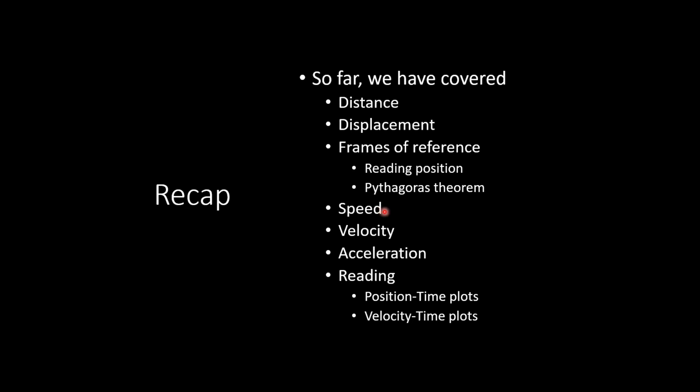Then we had discussed speed and velocity, which is essentially the rate of change of distance over time, and the rate of change of displacement over time for velocity. The difference between these two is that distance is a scalar quantity, that means it's got magnitude only, whereas displacement and velocity are vector quantities with both a magnitude and a direction.